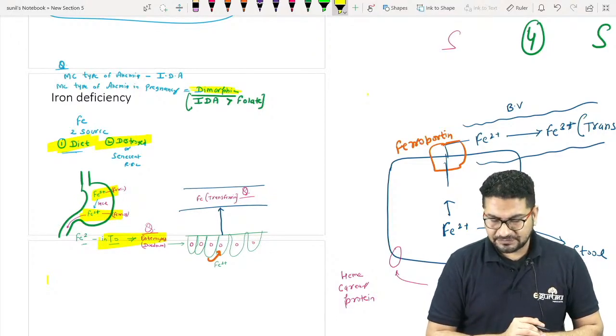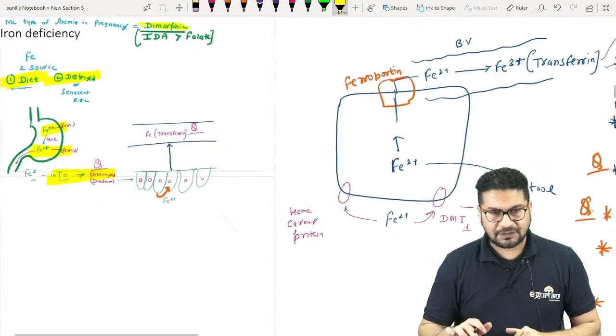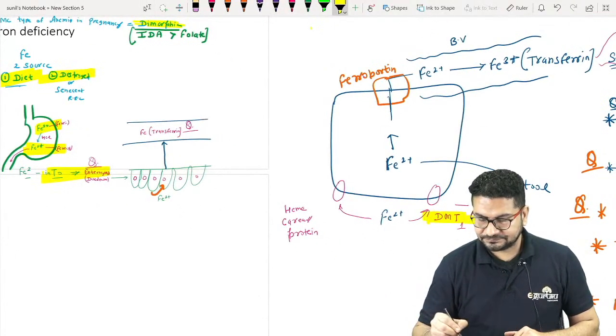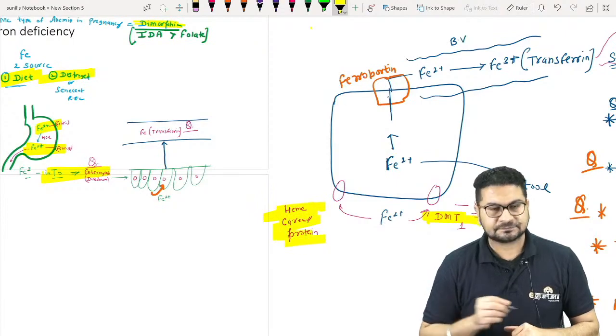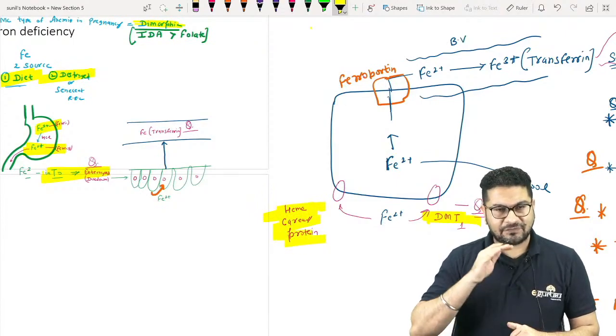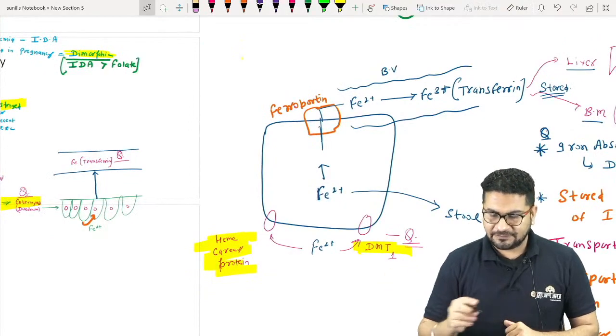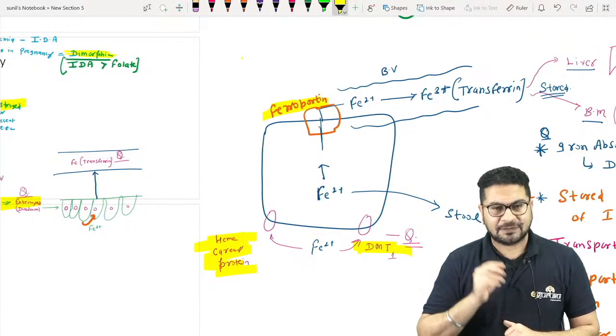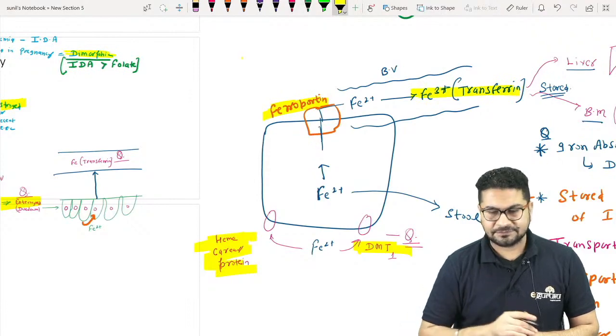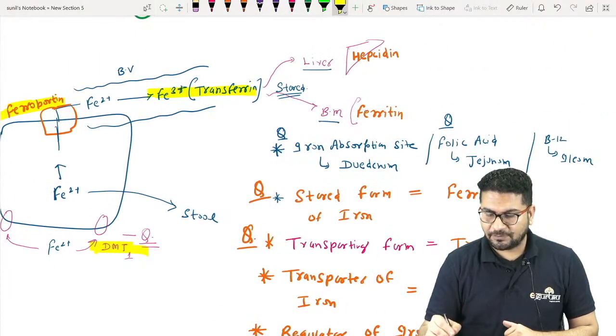In the duodenum we have two transporters, DMT1 and heme carrier protein. From the duodenum it goes out and reaches the blood vessel with the help of ferroportin. In the blood vessel it combines with transferrin, and ultimately it is stored in the form of ferritin.